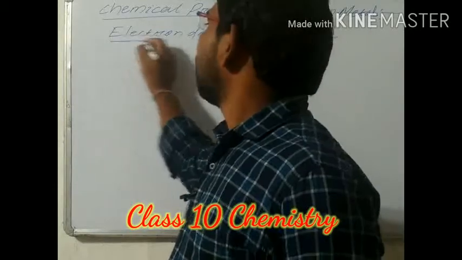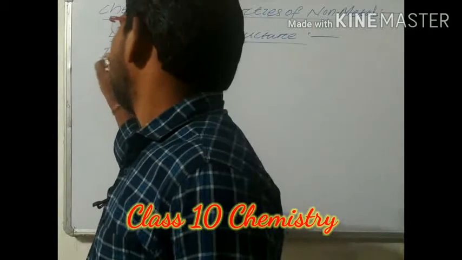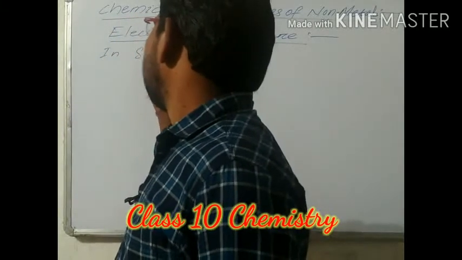Okay, electron dot structure of some ionic compounds. First, in case of NaCl, we draw sodium chloride.